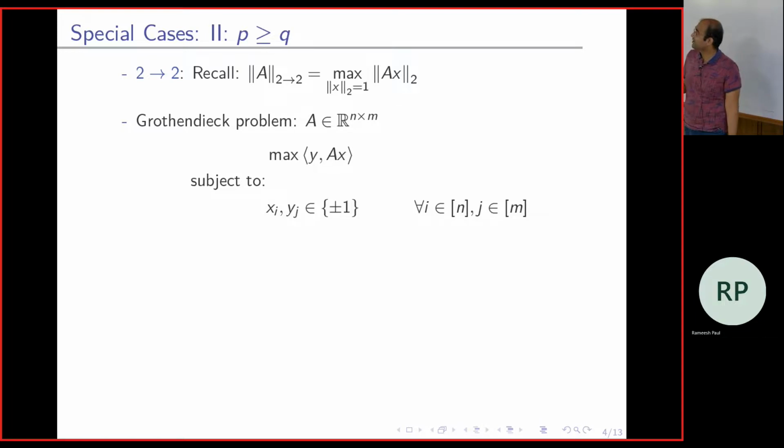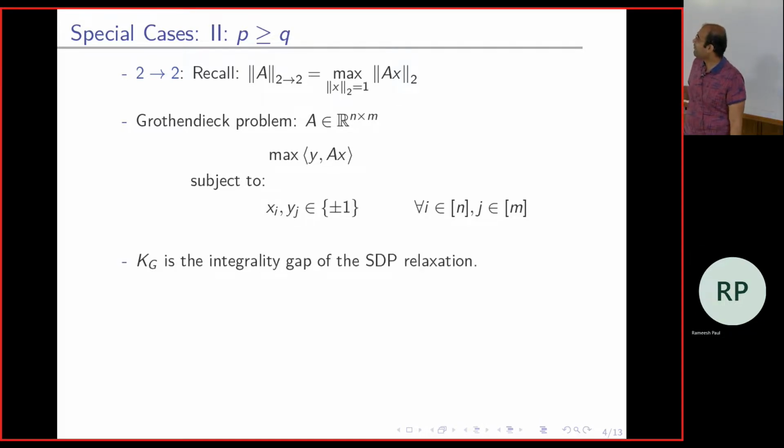And he showed a constant factor approximation for this. These days you can formulate what he showed in standard SDP language: he showed how to relax this problem using an SDP, and that the SDP has a good integrality gap.